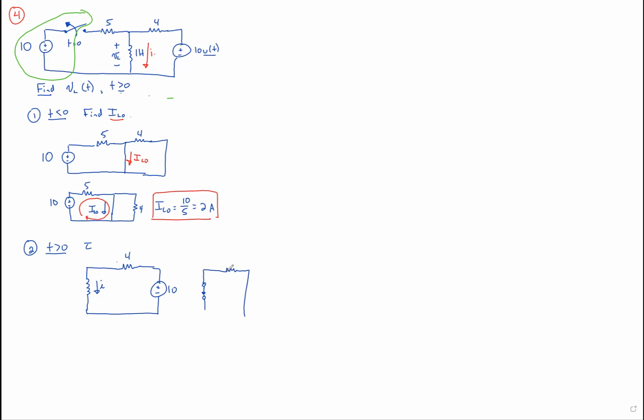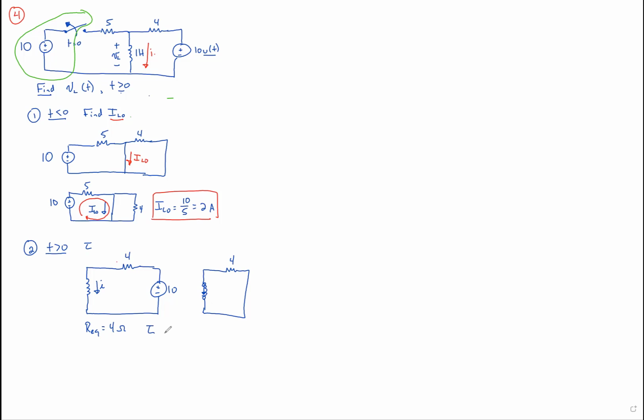So we always zero voltage sources, and we always zero current sources as well. We zero all of our independent sources. And when we zero them, a 0-volt voltage source looks like a short. And it's pretty clear that the inductor here just sees 4 ohms. So therefore, the R equivalent is 4 ohms.